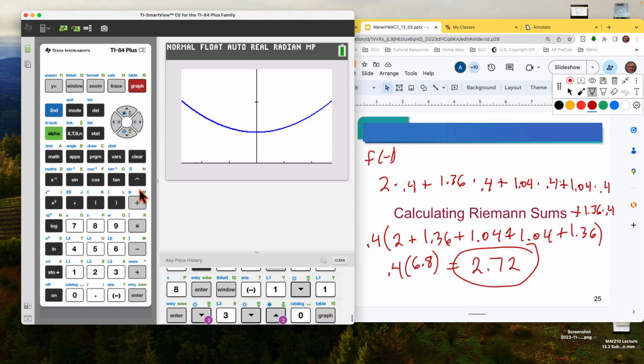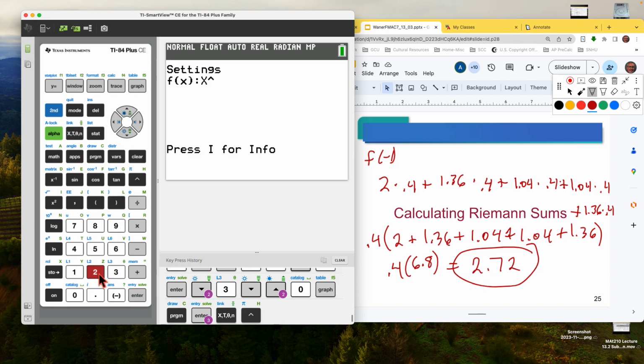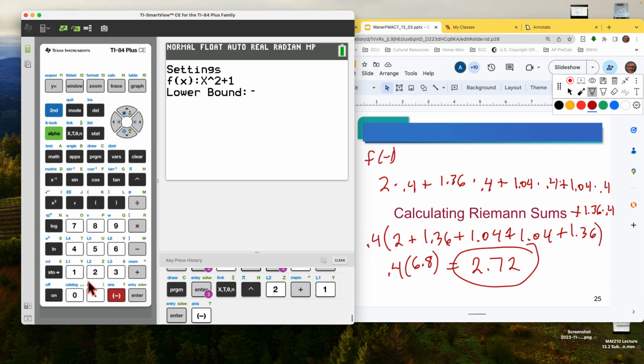Okay, we could have actually partitioned it off, and I guess I can go back and use that program. We use x squared plus 1 from -1 to 1.